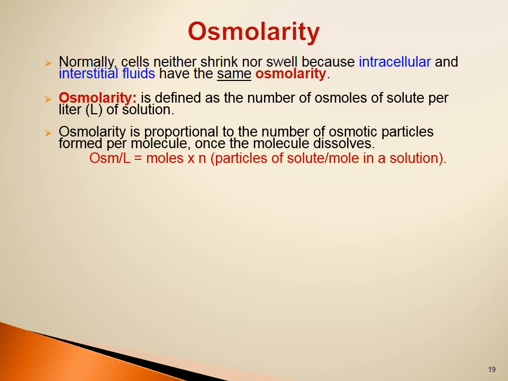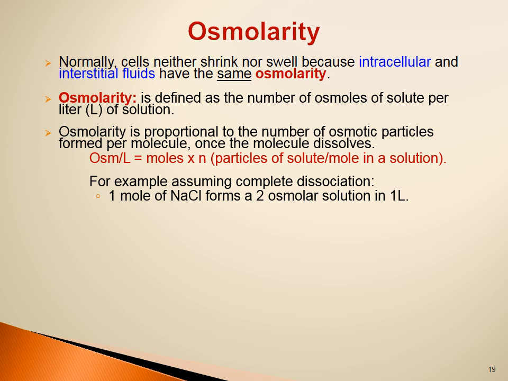To make it simple, let's give some examples. For example, assuming complete dissociation of 1 mole of sodium chloride, when dissolved in water, each mole will give me 2 ions, sodium and chloride. So I have a 2 osmolar solution in 1 liter.